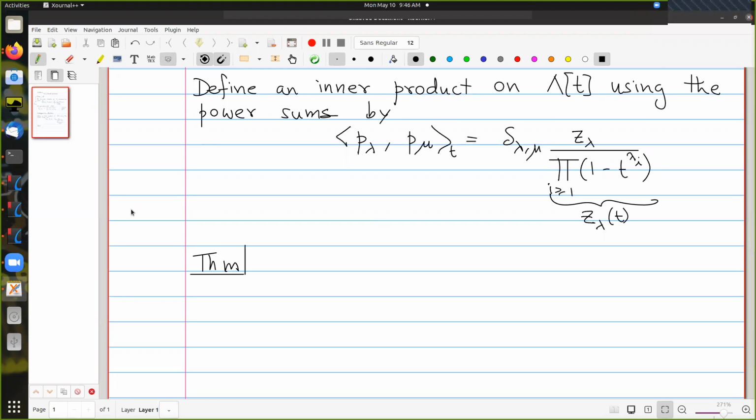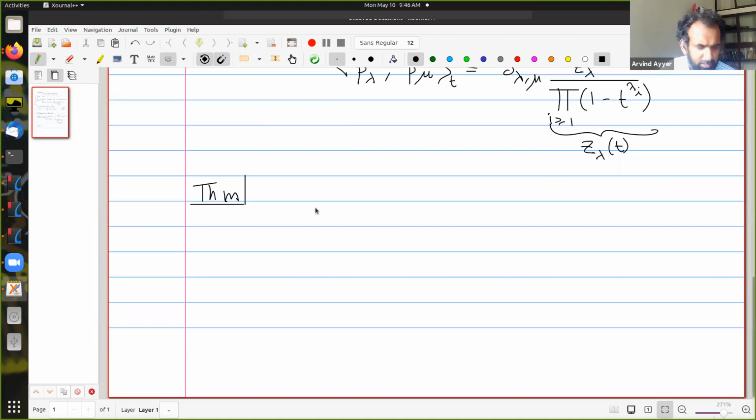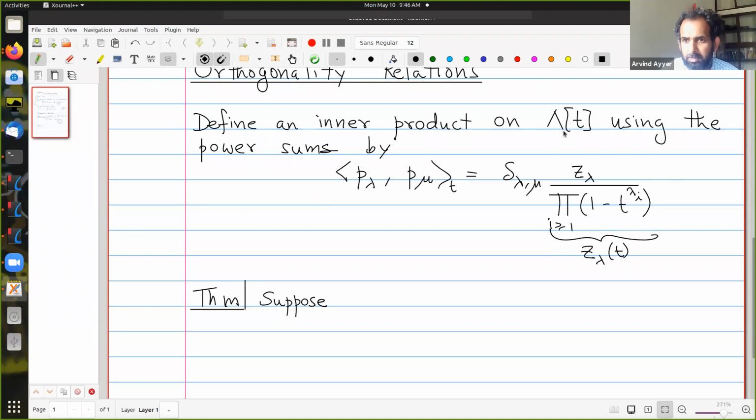Okay, so the theorem that generalizes the theorem in Amri's lecture is the following.